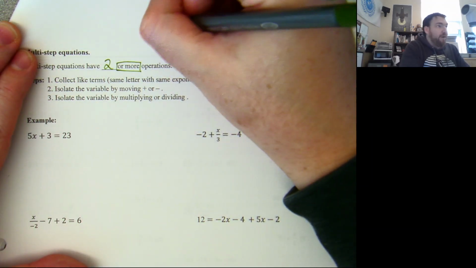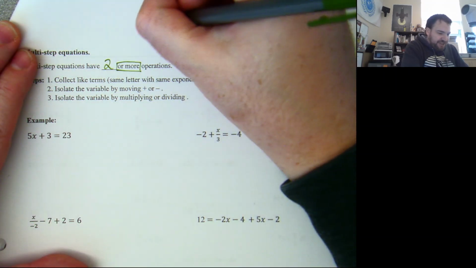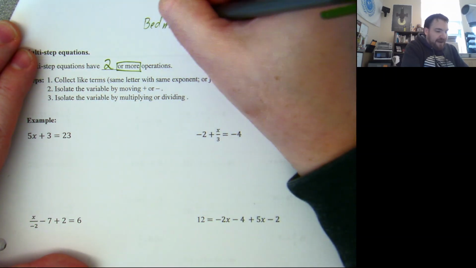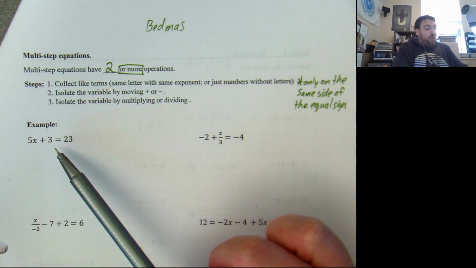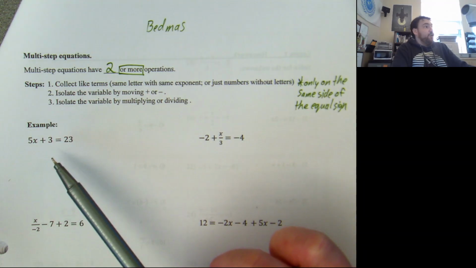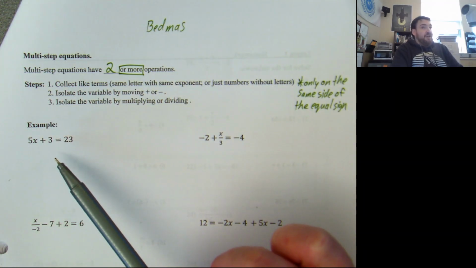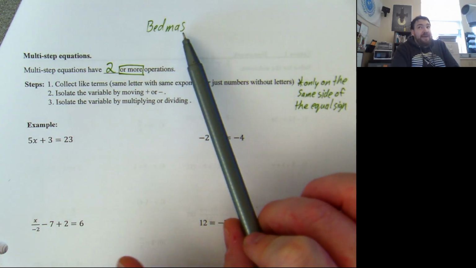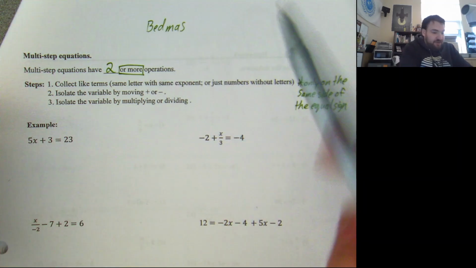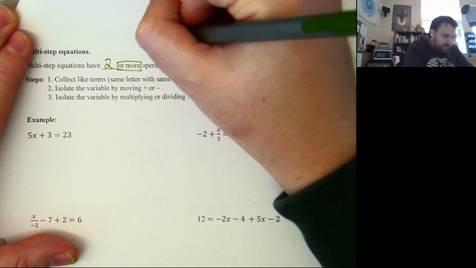is before, when we had a bunch of values in an expression, we were doing BEDMAS. Now, when we're solving these things, we're doing opposite operations. Opposite operations means effectively what we're doing is doing BEDMAS backwards. We're doing SAMDEB.